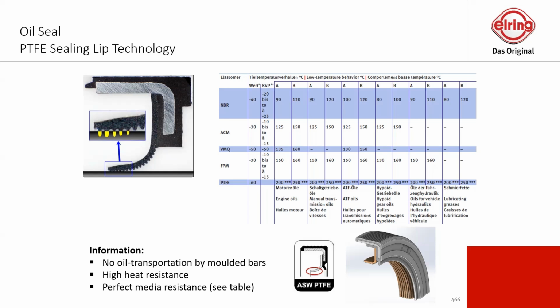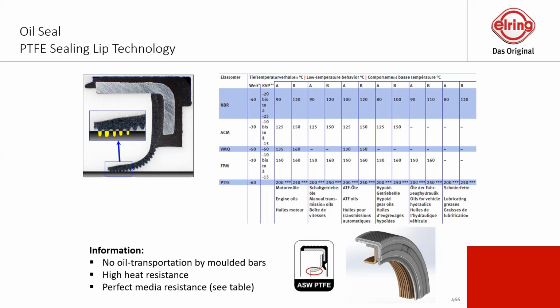And if you can save fuel in this kind of application, that's a benefit. This is one point you can work on in an engine. In total, if you can save 0.3% of fuel for a heavy duty engine application, that's quite a lot for only changing an oil seal. So they also took over this technology in passenger cars.